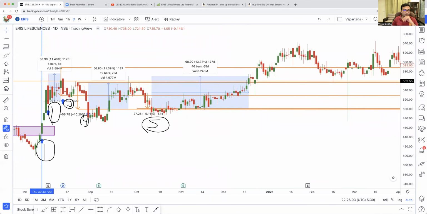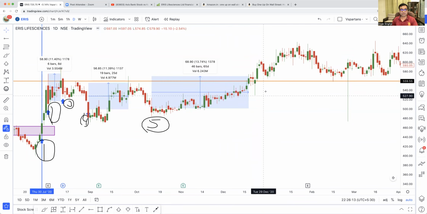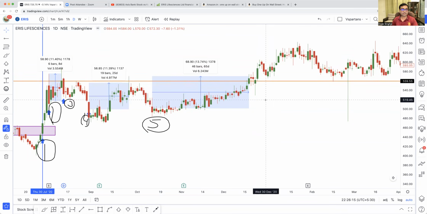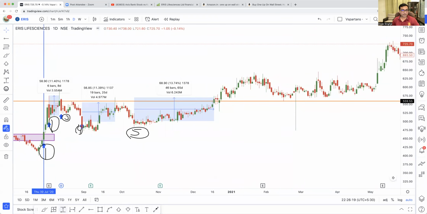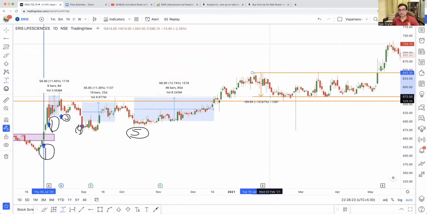Now, again, we need to see if there is a fall of 10%. This is not 10%, this is 6.5%. I'm removing all these drawings where the targets have been achieved. Okay. And there is a fall of 10% now here. Yes.